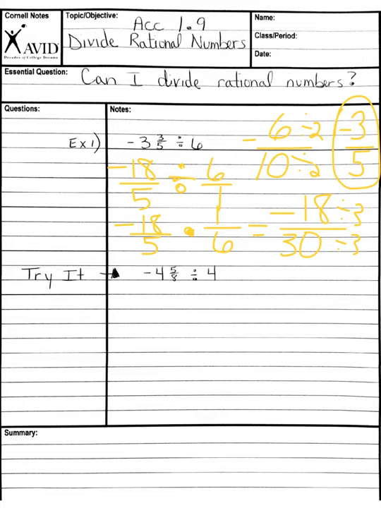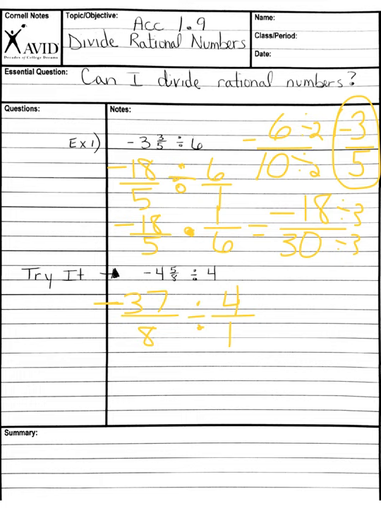So as far as determining if it's positive or negative, that all depends on the signs: same signs, positive; different signs, negative. Let's look at the try it here. This is where we also need to change that mixed number to an improper fraction. So 4 times 8 is 32, and 5 more would be 37 over 8, and that would be negative, divided by 4 over 1.